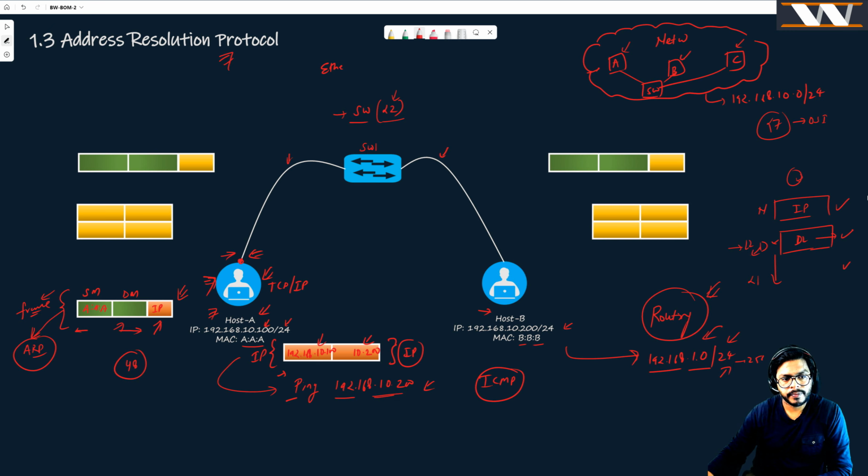That is why this host is going to store this frame in its memory and start doing Address Resolution Protocol. What is the meaning of it? It wants to find what MAC address is associated with this IP address. Which IP address? 10.200. It straight away asks in this network: what is the MAC address associated with 192.168.10.200?